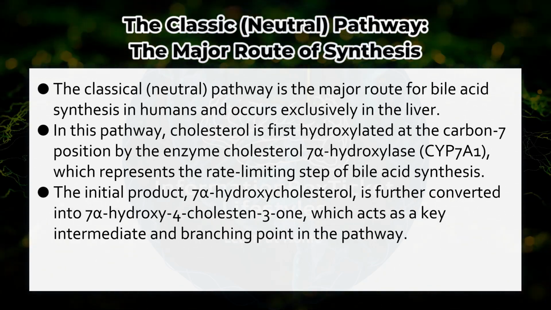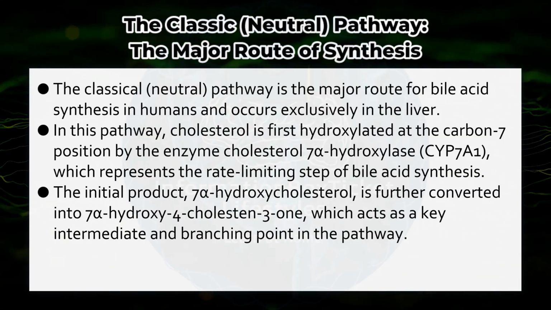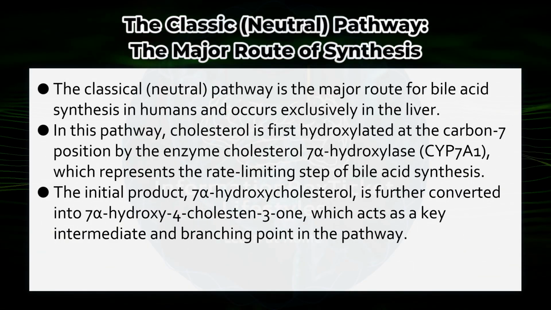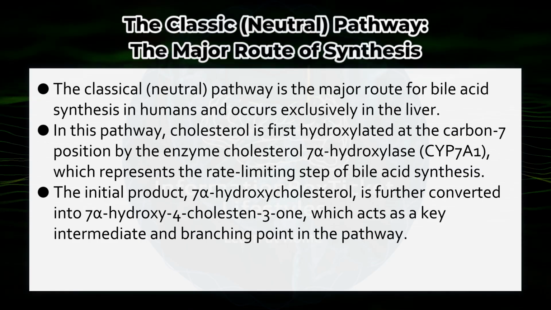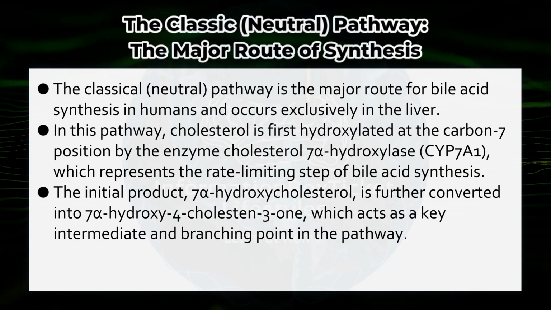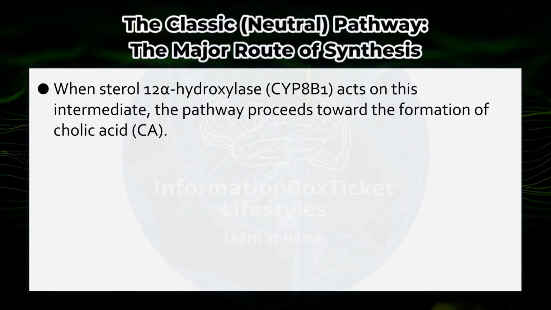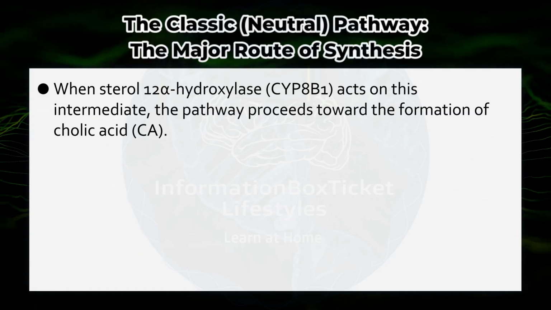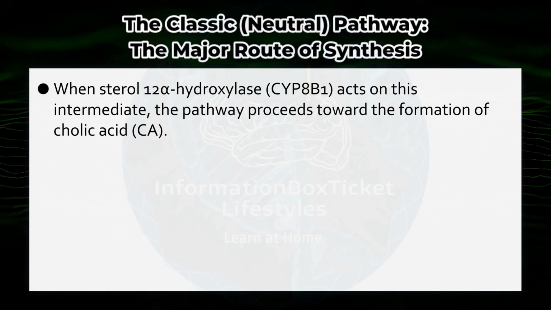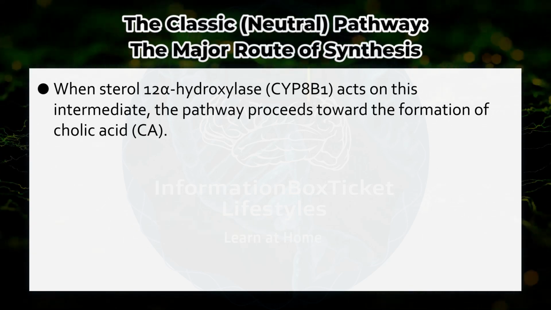The initial product, 7-alpha hydroxycholesterol, is further converted into 7-alpha hydroxy-4-cholesten-3-one, which acts as a key intermediate and branching point in the pathway. When sterol 12-alpha hydroxylase, CYP8B1, acts on this intermediate, the pathway proceeds toward the formation of cholic acid, CA.